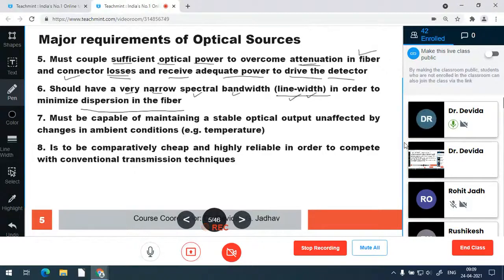As we know, semiconductor devices, whether diodes, transistors, or others, have their performance affected by ambient conditions like temperature. They cannot operate beyond certain ambient and temperature conditions.